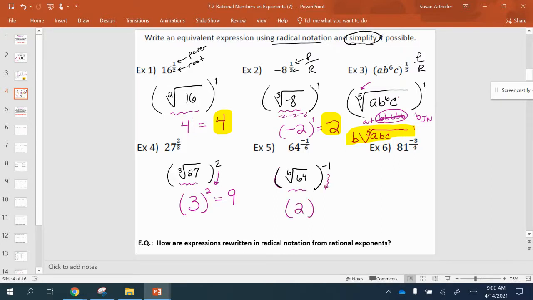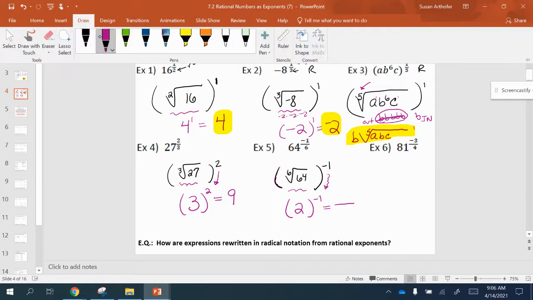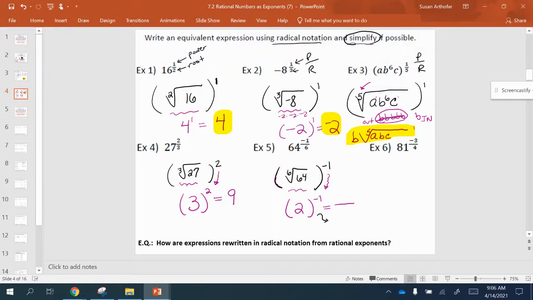Bring down the outside power. Anything to a negative needs to dive down into a fraction. So we've reviewed those rules. We dive that down. So it'll become a 2 down here, and you always put it over 1, so the answer is 1/2.